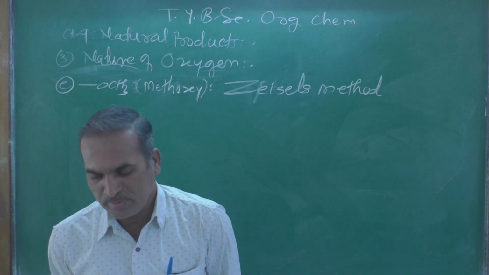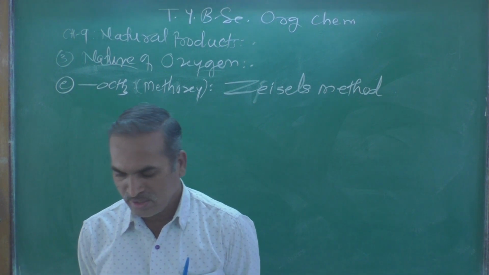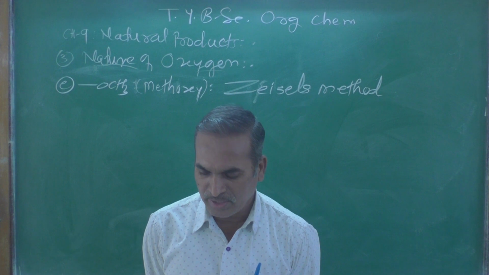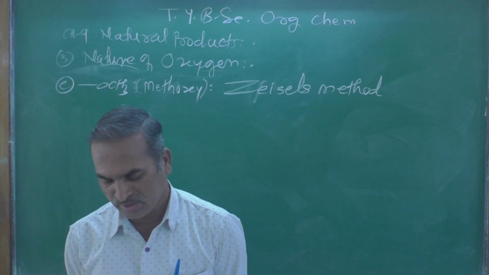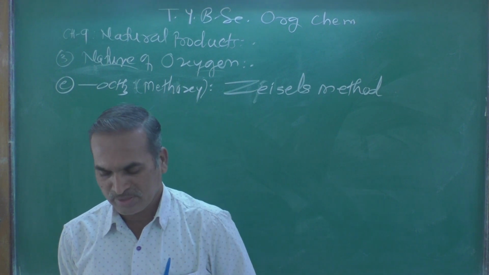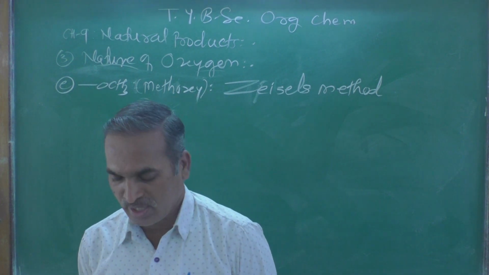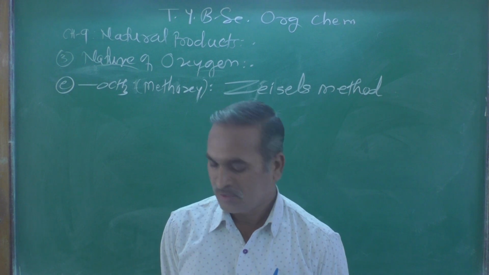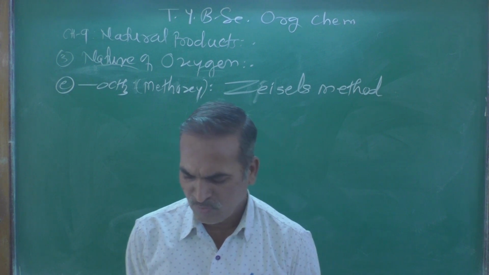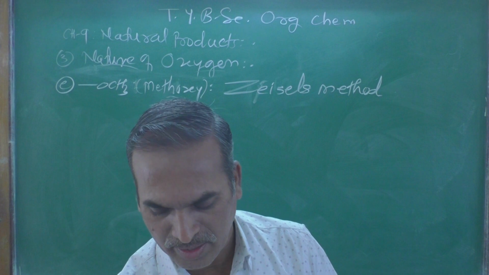The presence of methoxy groups and their number may be determined by Zeisel's method. A known weight of alkaloid is heated with concentrated HI, when the following reaction takes place.